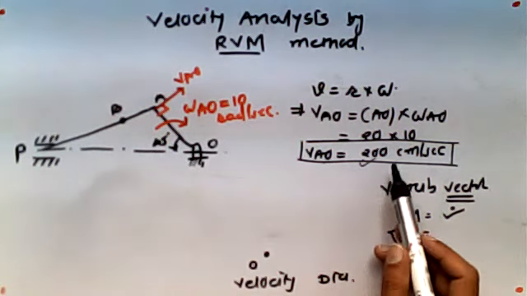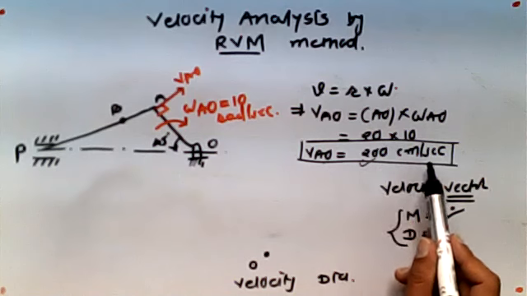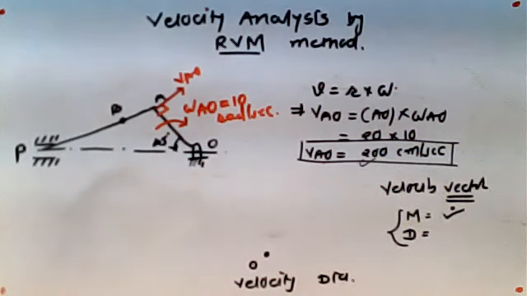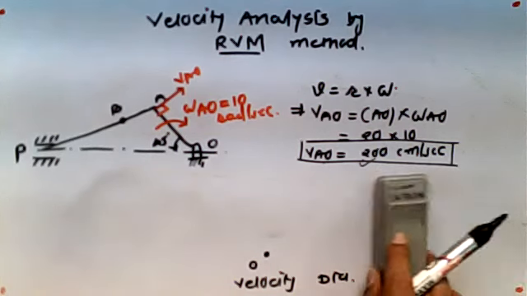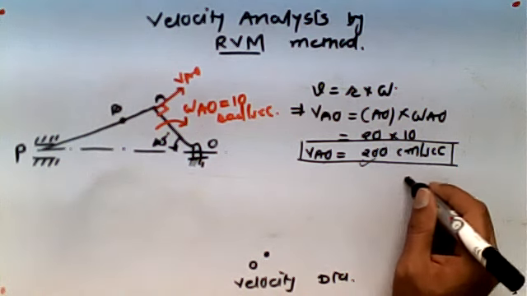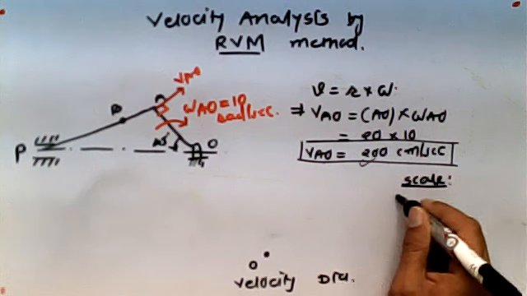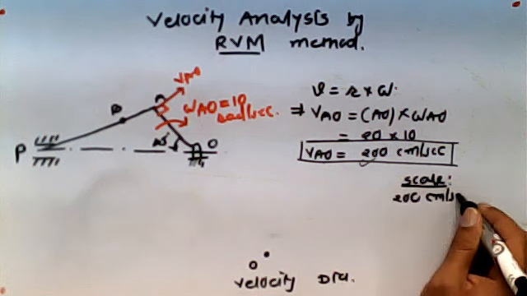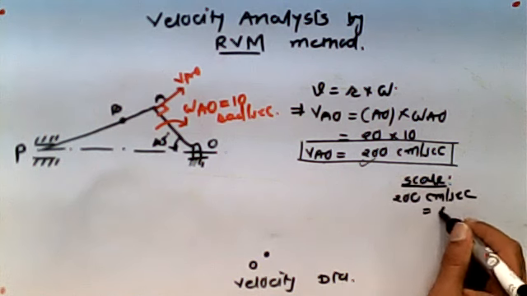So now you can see our answer is 200 centimeter per second. So what you can do, you can take some scale. For simplicity, I'm taking my scale as 200 centimeter per second equal to, let's say, 40 mm.